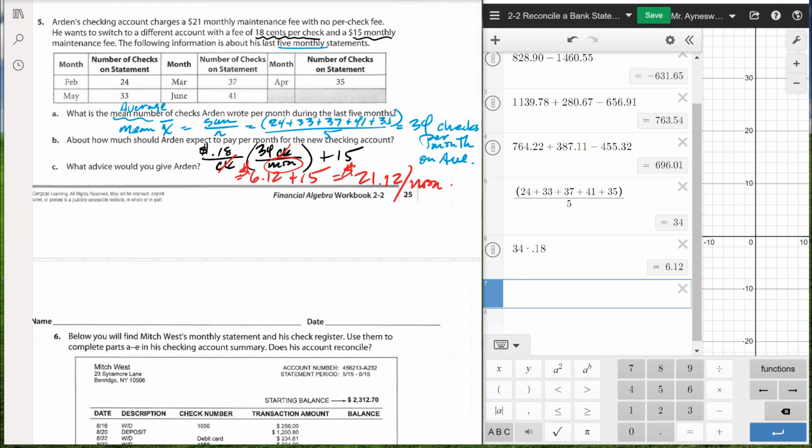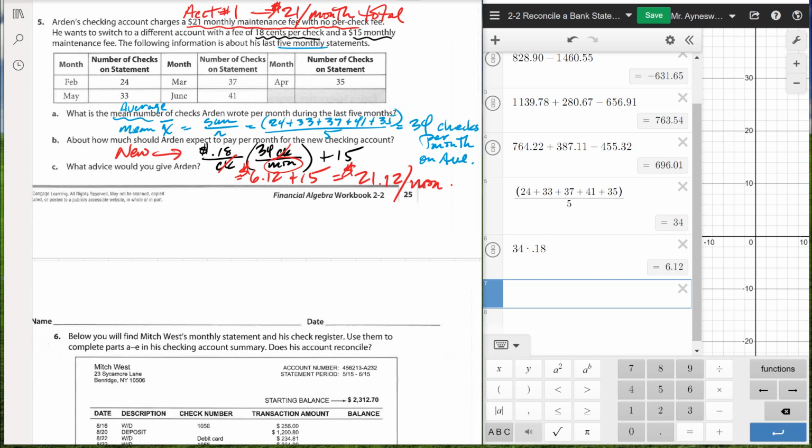Well, account number 1 is $21 per month total. The new account charges $21.12 in total. Even though it's only 12 cents more per month, it doesn't sound like much, and you might say it doesn't matter.